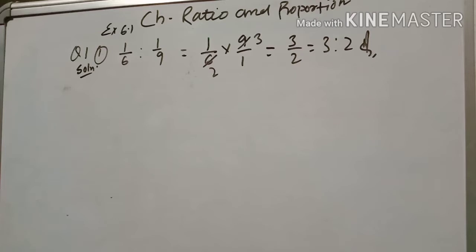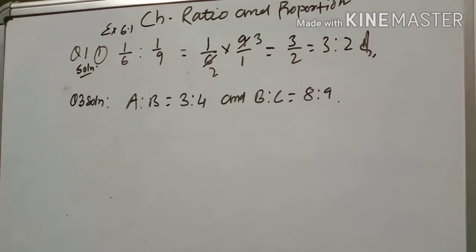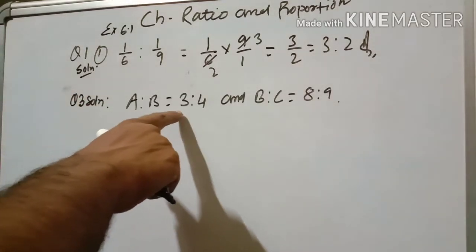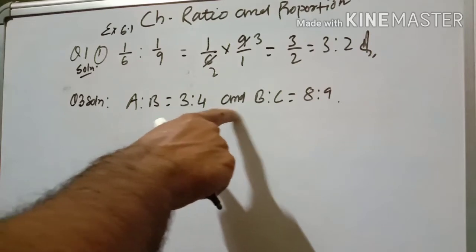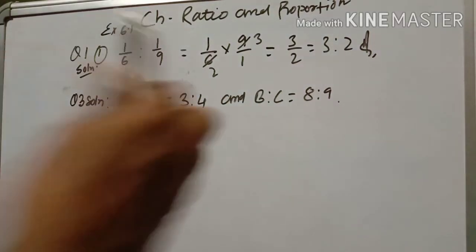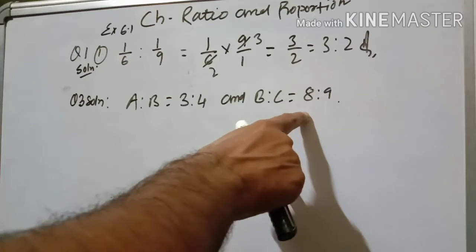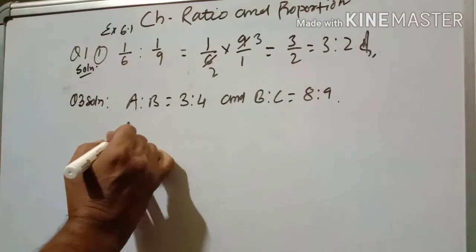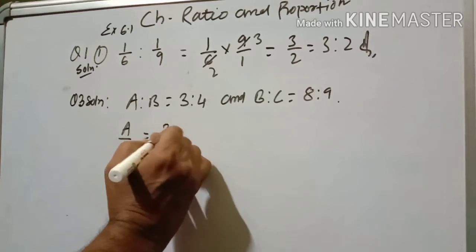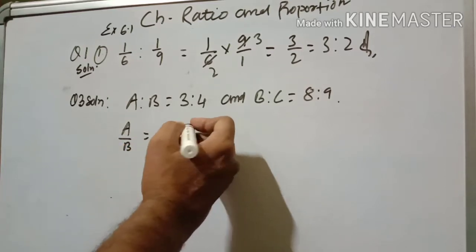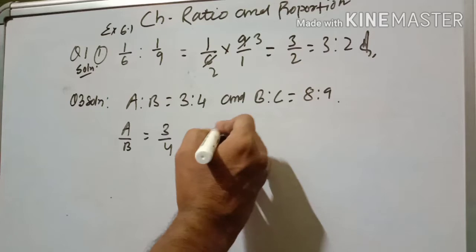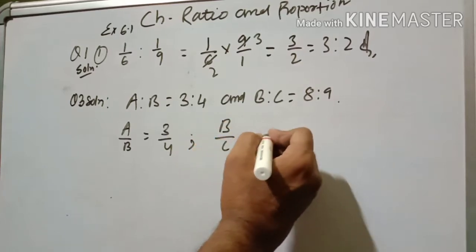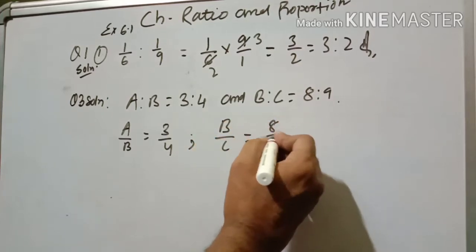Please write down. Question number 3. It is given that A ratio B equals 3 ratio 4 and B ratio C equals 8 ratio 9, find A ratio C. We have to find out A ratio C. So what do you have to do? As we know, A by B equals 3 by 4, and here B by C we can write 8 upon 9.